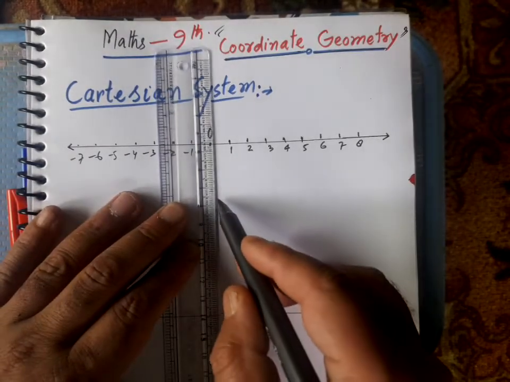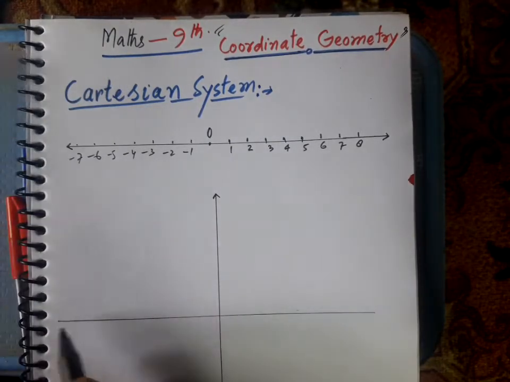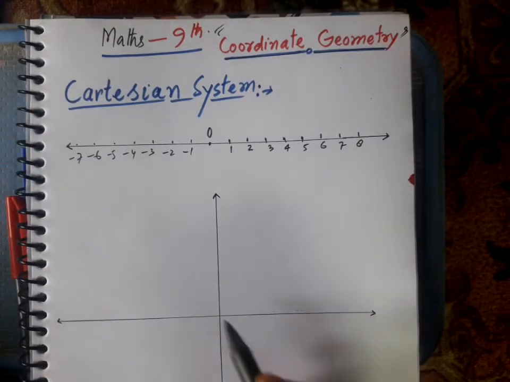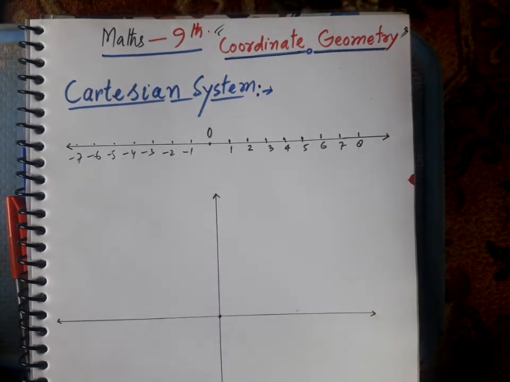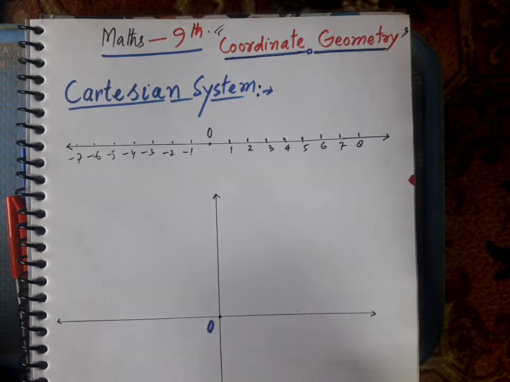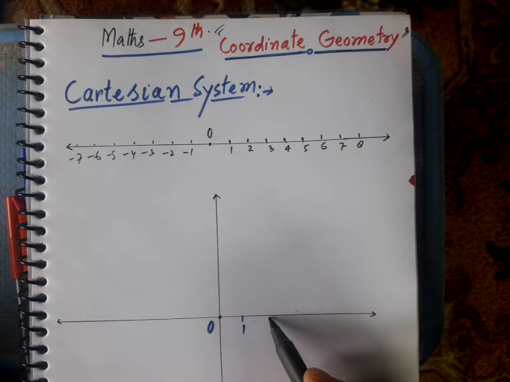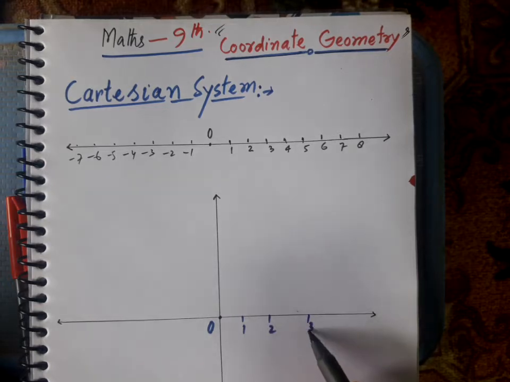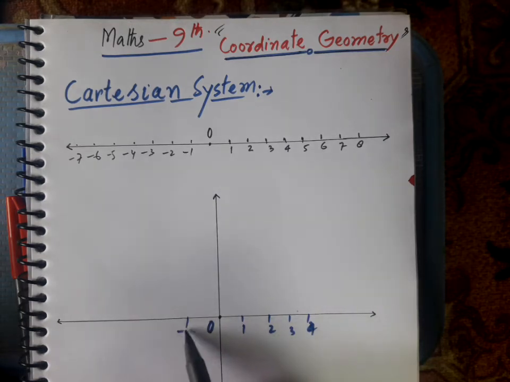If you have two perpendicular number lines in such a way that they meet or intersect at the origin, that is at this point, and you have pointers at equal distances like this, we can mark equidistant pointers negatively and positively on both the lines.